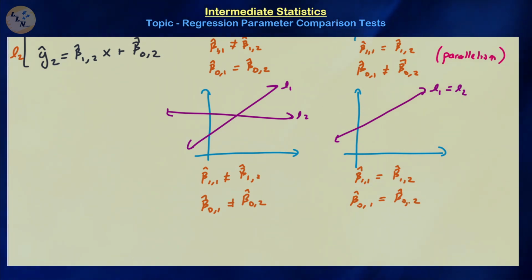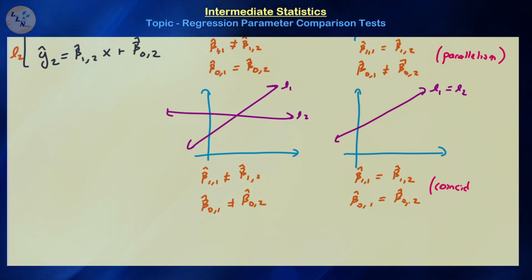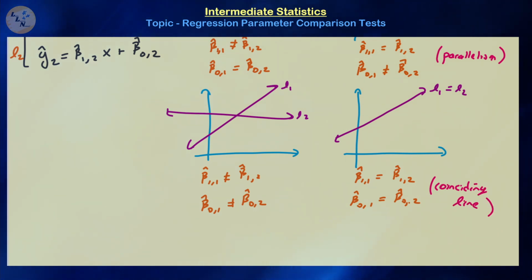So when we test whether or not both of these parameters are equal to each other, what we're pretty much testing for is coinciding lines. Some people call it the test for coincidence.